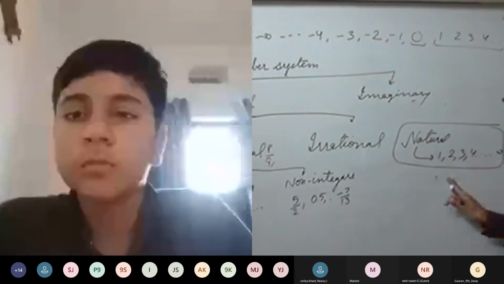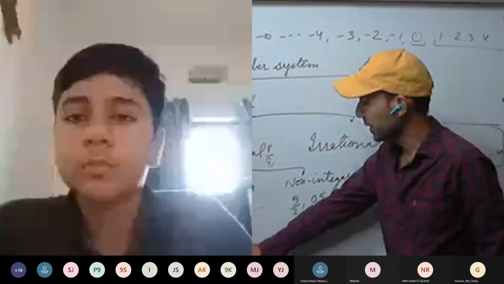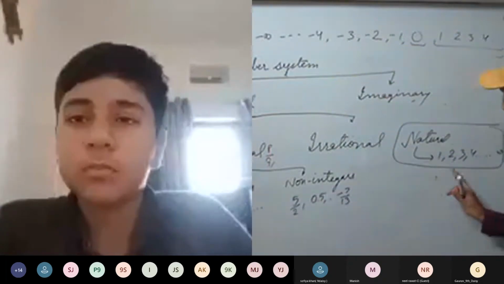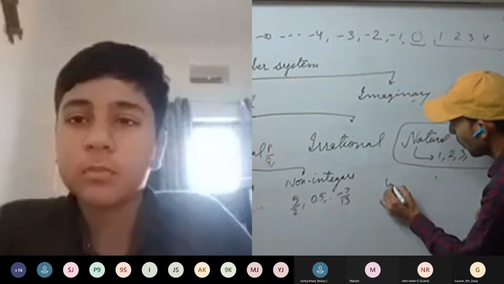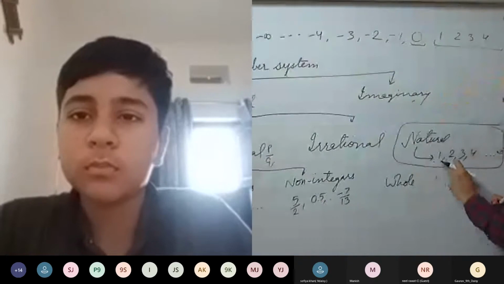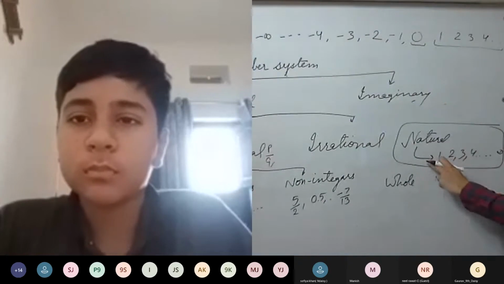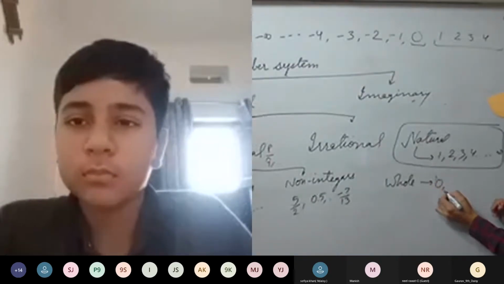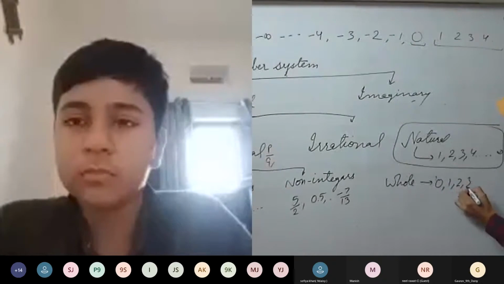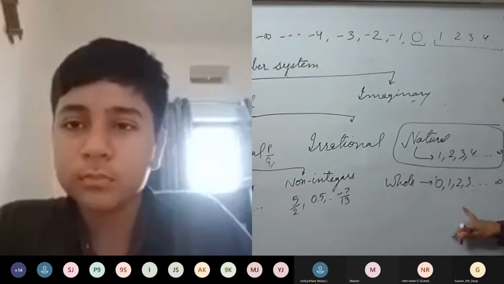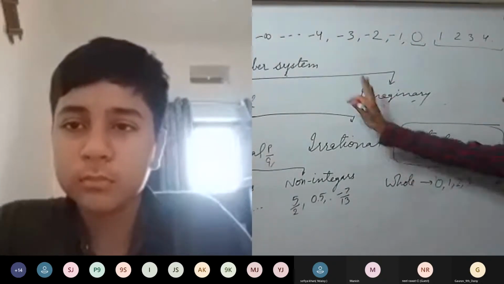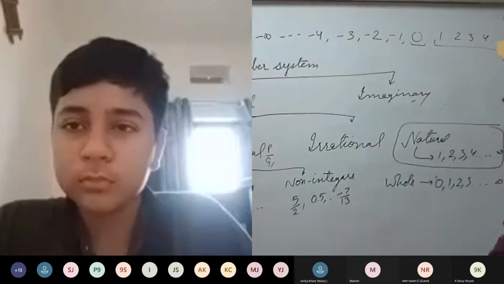So integers we can further divide as natural numbers or whole numbers. In natural numbers, if we include 0 as well, they will be called whole numbers, up to infinity.